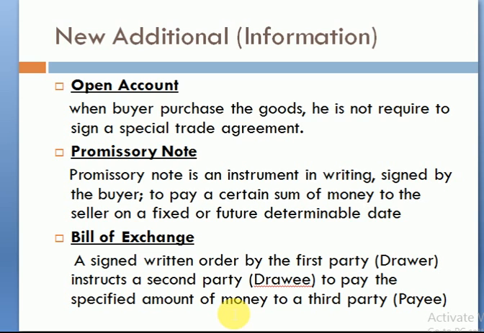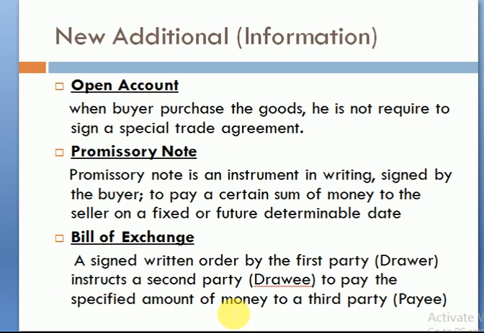When the maturity comes, you present that bill, which is called a bill of exchange, in the bank, and the bank will make payments to you. So three parties take place here: drawer, drawee, and payee. The drawer is the person who orders. The drawee is the financial institution like a bank. The payee is the person or business to whom payment should be made.